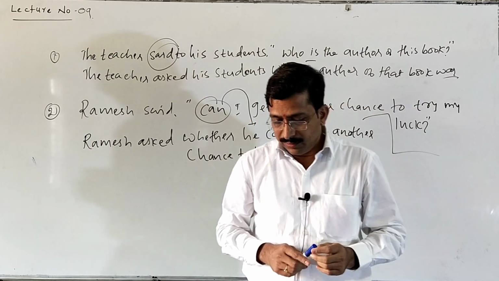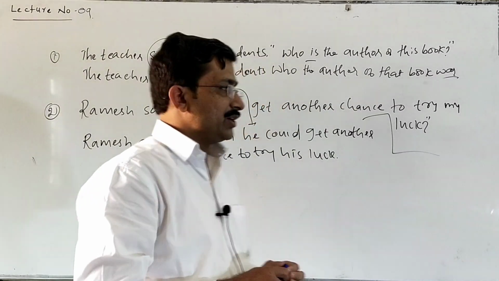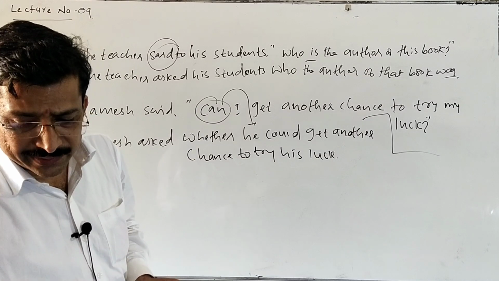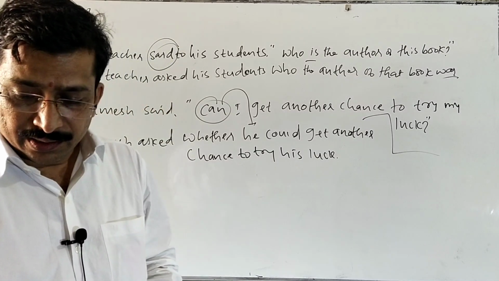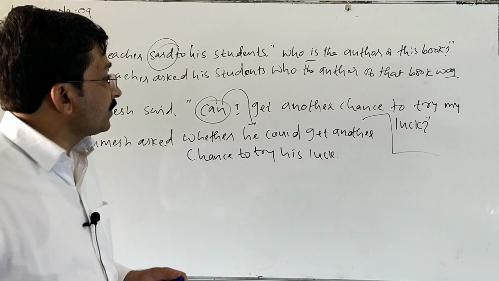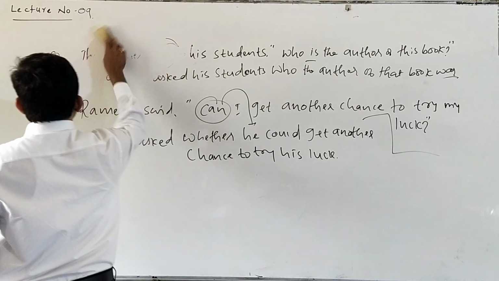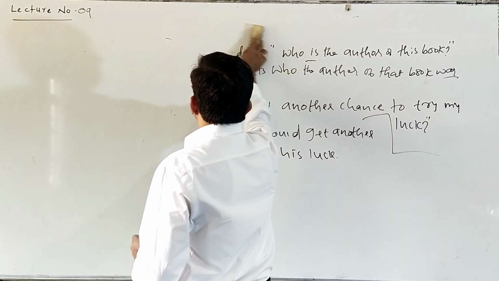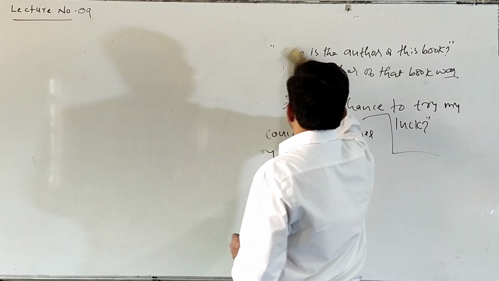Now there we started another discussion. It is concerned with imperative sentences. In imperative sentences, while changing them, the first thing we have to remember, we should not use that.